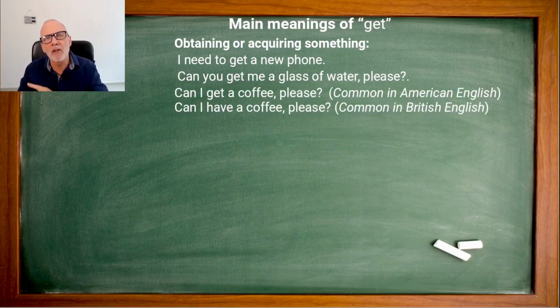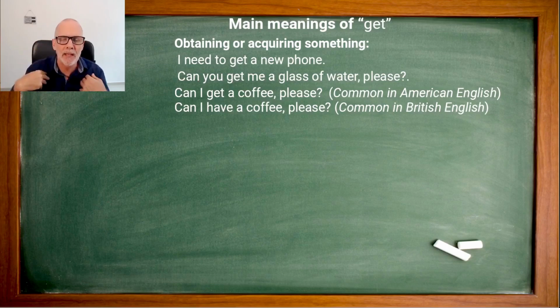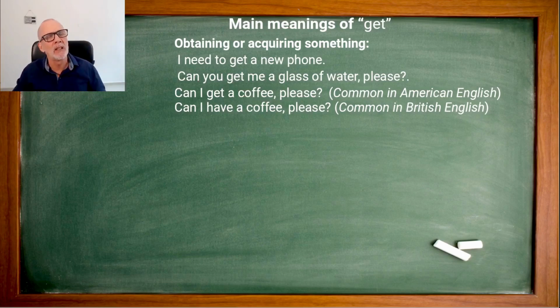Here I have another example, which is a slightly different use, but I still put it in this category of obtaining or acquiring something, which is, can I get a coffee, please? So if you look, this is different from the one we saw earlier. The one we saw previously was, can you get me a glass of water? But this one is, can I get a coffee, please?